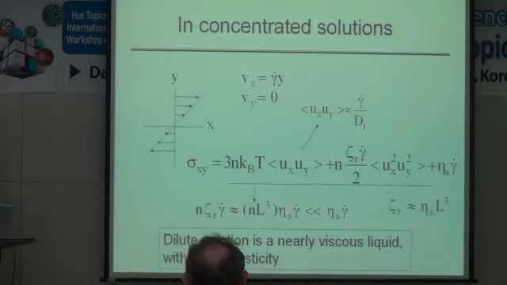Since in a dilute solution n l cubed is less than 1, the change of the viscosity is not large. And so the dilute solution is nearly a viscous liquid with small elasticity. It looks like a usual liquid in a dilute solution.